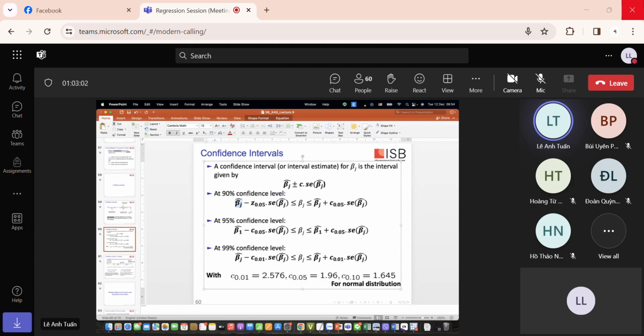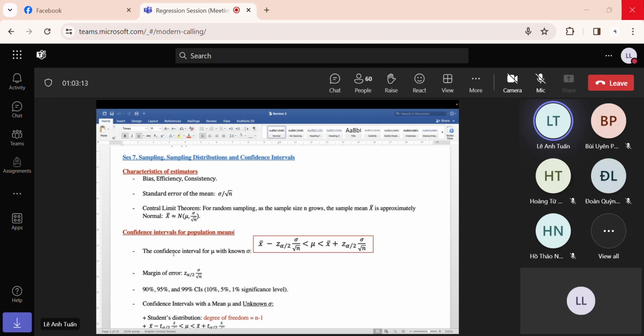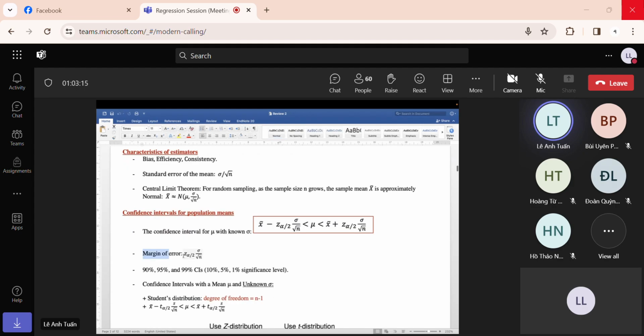We have the sample coefficient, and we minus the margin of error. You remember that the margin of error is Z alpha over 2 times the standard error. The standard error here is the population standard error divided by the square root of the sample size.